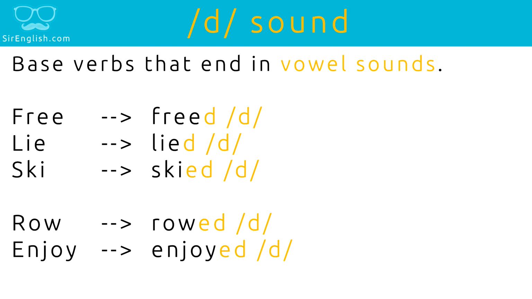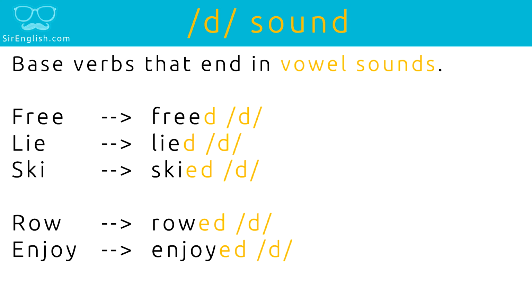There you go. Now, we have one more area to look at. This is when a verb ends in a vowel. When it ends in a vowel, we add the D sound, just like we saw before. So earlier I said the letters W and Y actually represent a vowel sound. And with vowels, we add the D ending.